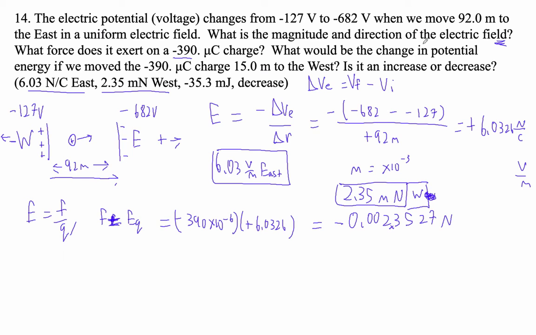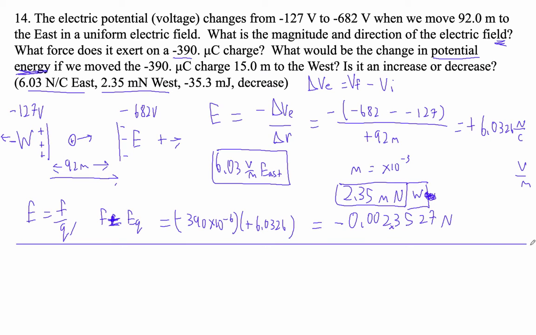Change in potential energy, not potential, but potential energy, which, by the way, is going to be the work. So there's two ways to do this. We could multiply this force by that distance and get the work done, and that would be the change in potential energy. Let's use the field theory equations first, and then I'll do that as an exciting final step.